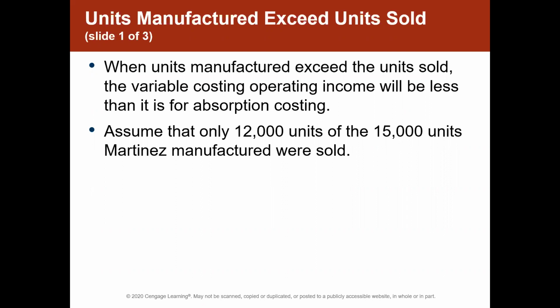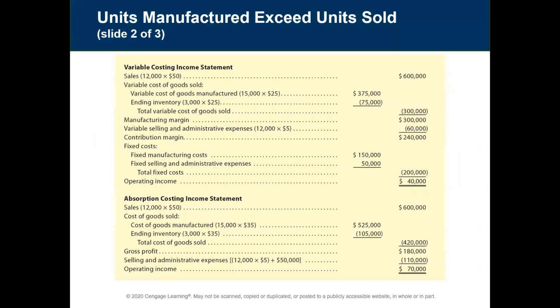If we assign, let me go to an example here. If we assign fixed manufacturing costs to inventory, what that means is if we produce excess inventory, in other words, inventory we can't sell, some of those fixed manufacturing costs are going to be moved over to the balance sheet. It's going to increase or inflate the value of the inventory.